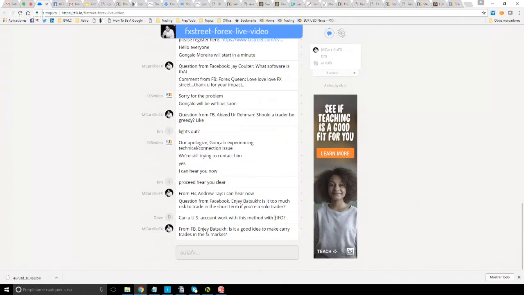AJ also asks if it is a good idea to make carry trades in the FX market. Well, from my experience and the experience of others using this approach, factoring in the carry trade, or let's say using the interest rate differential, in this type of method does not necessarily make you more gains.